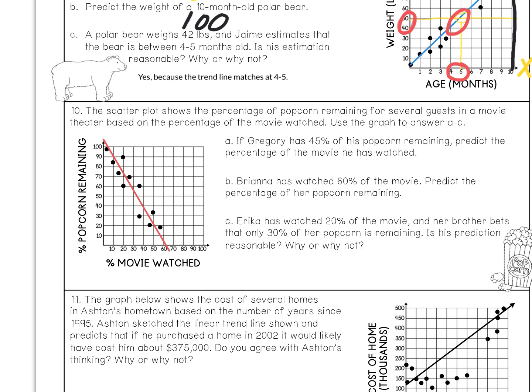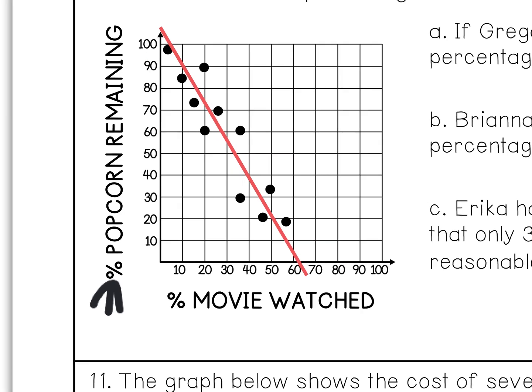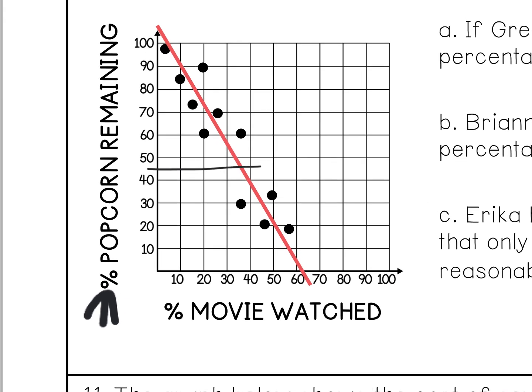Okay, so A for number 10 says Gregory has 45% of his popcorn remaining. Predict the percentage of the movie that he has watched. Okay, so which one are we looking at first, the Y or X axis? Y, popcorn remaining. So where's 45%? Okay, right there.